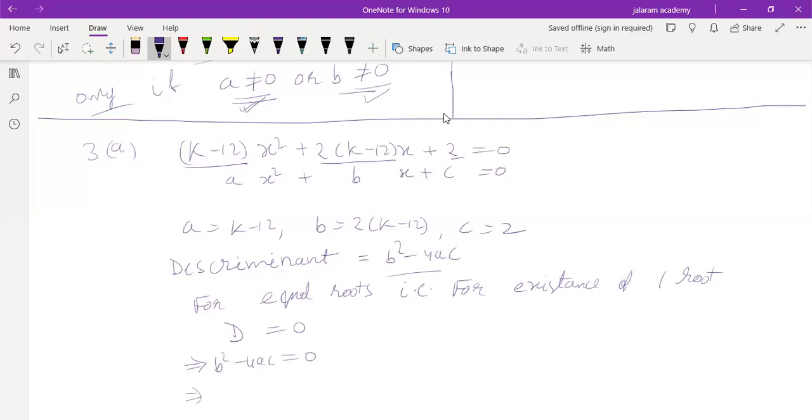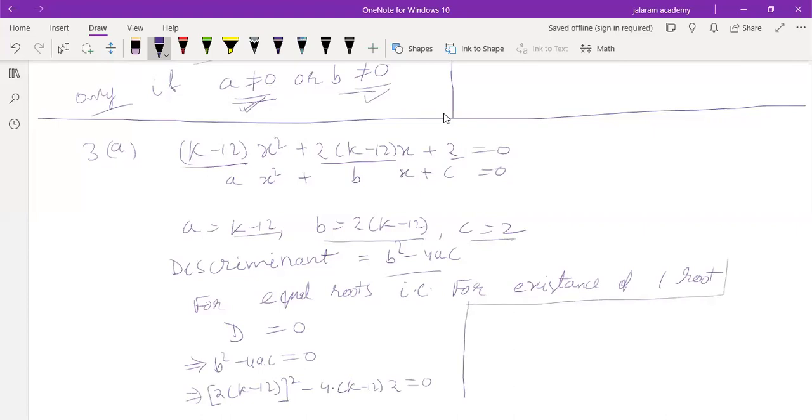Now value of b, 2 into k minus 12. Write this completely inside the bracket. Is b square means 2 into k minus 12 whole square minus 4 into value of a is k minus 12 into value of c, 2, equals to 0.